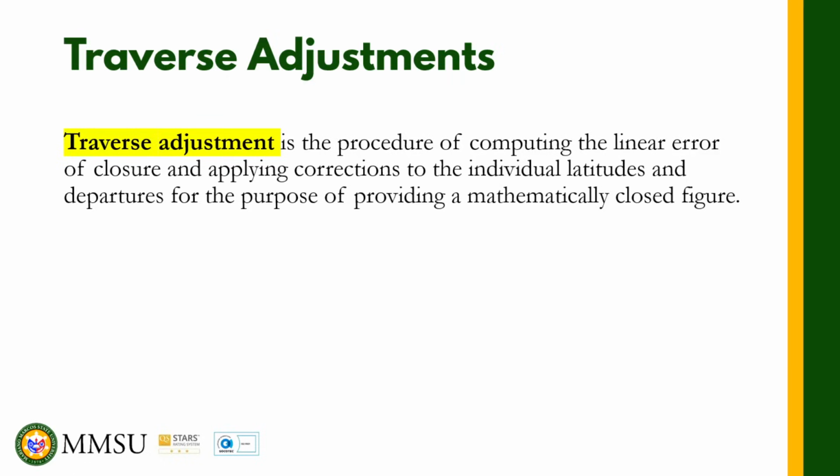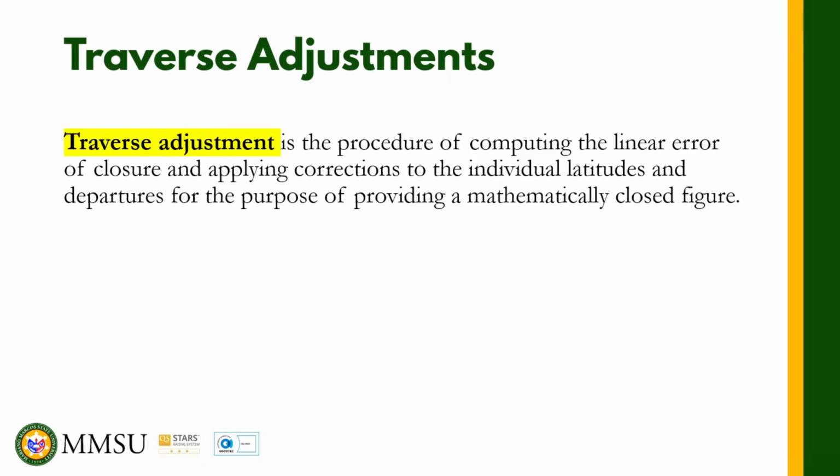When a traverse adjustment is undertaken, it must be borne in mind that the adjustment of the latitudes and departures will slightly alter the length and direction of the measured sides of the traverse.